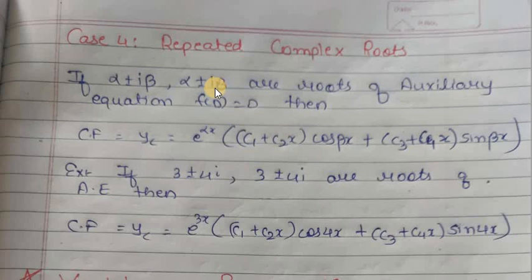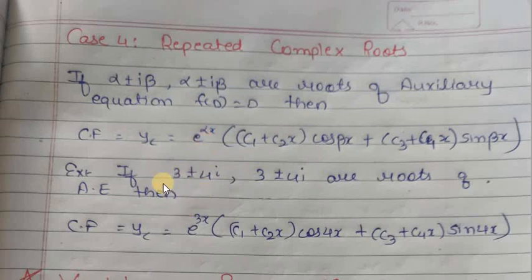So in this case, what will be the CF? You have to write down (C1 plus C2x) multiplied by cosine of beta x plus (C3 plus C4x) multiplied by sine beta x, and in common we have e raised to alpha x.